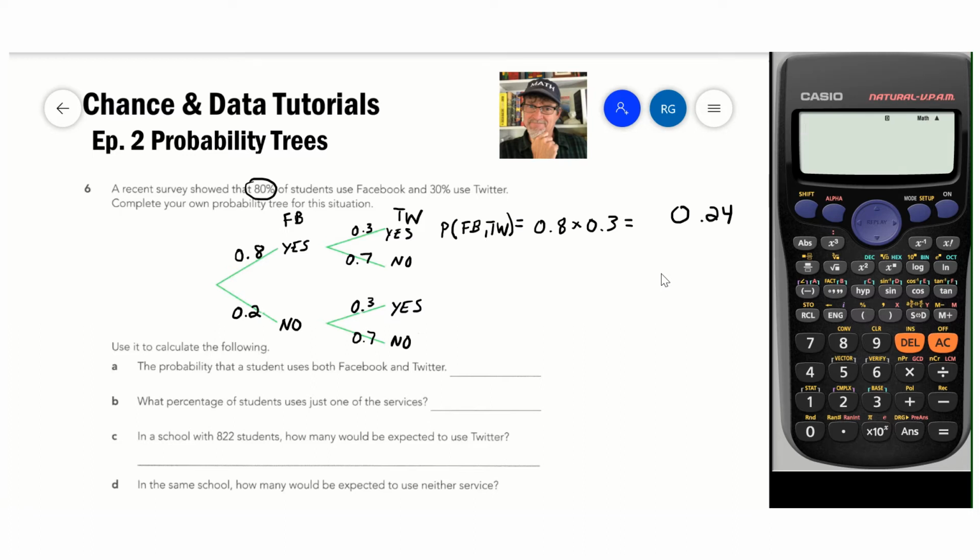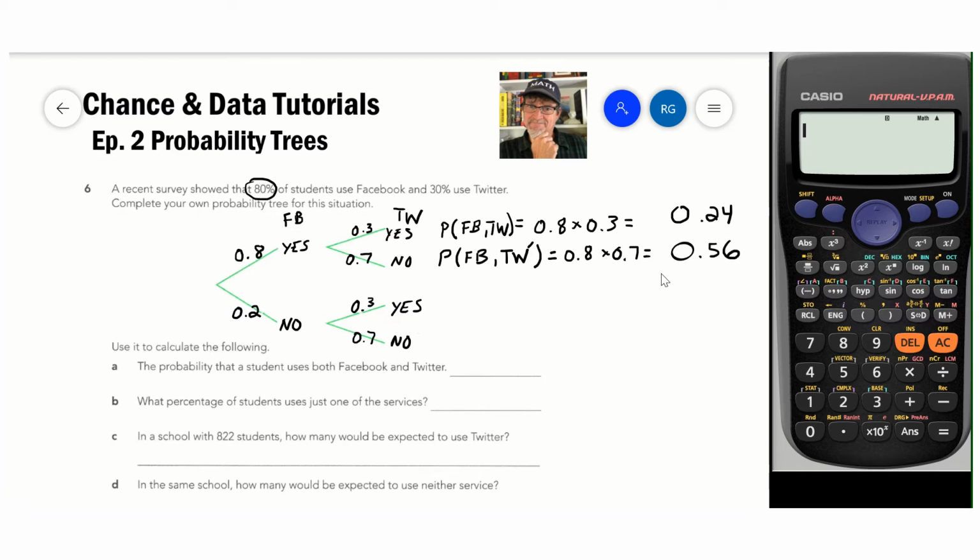On the second line, we've got the probability they use Facebook, but not Twitter. The way you'll often see that written in probability notation is with this prime symbol, like that. How this reads is Facebook and not Twitter. So we're going to have 0.8 times 0.7, and that gives us 0.56.